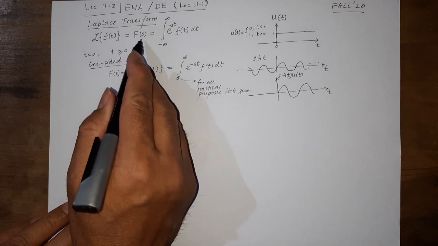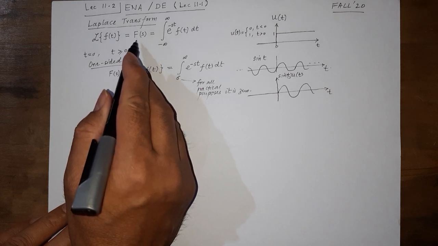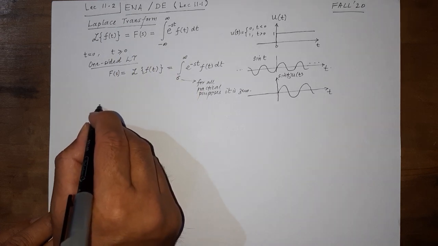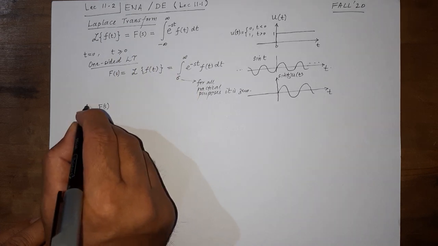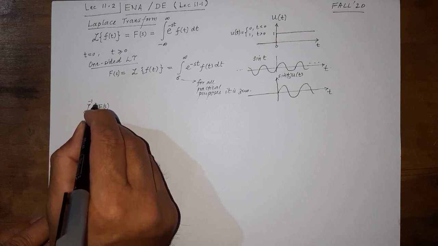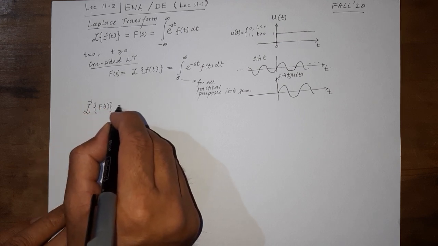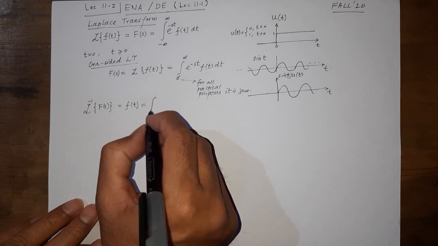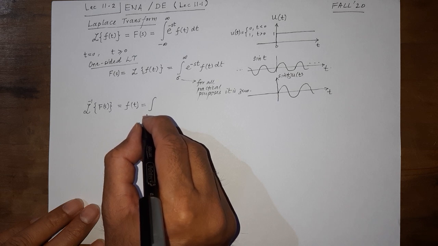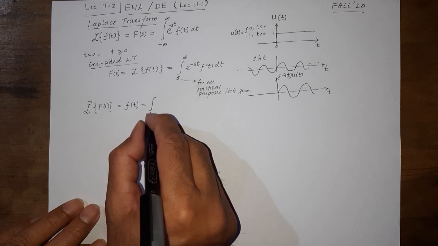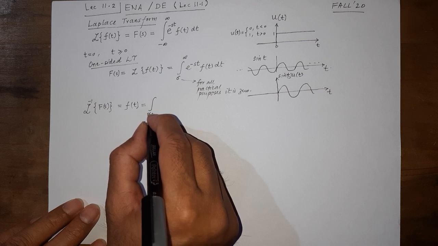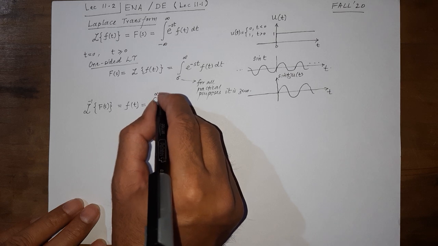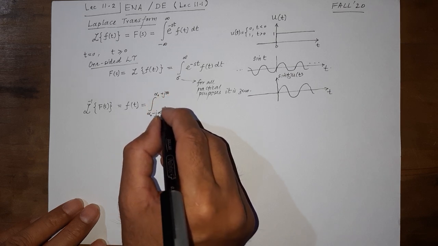Once we know the Laplace transform of f of t, that is F of s, then by an inverse process, this F of s gets transformed back to f of t, and by definition, it is solving an integral from some alpha naught minus j infinity to some alpha naught plus j infinity.